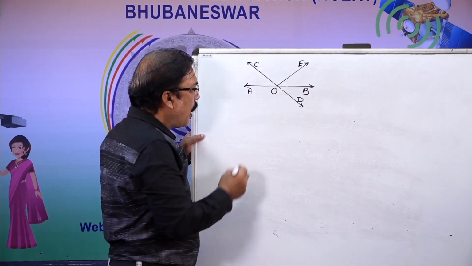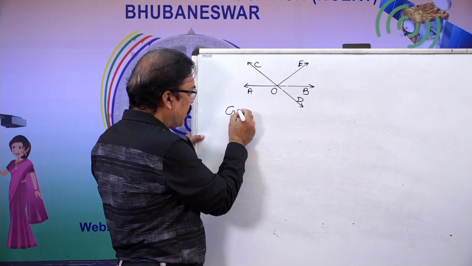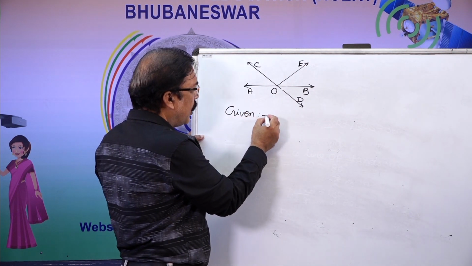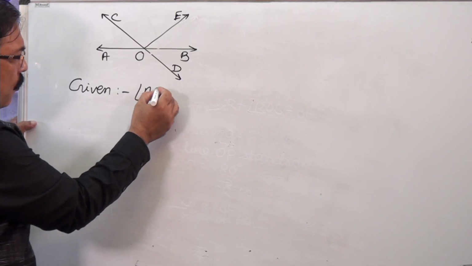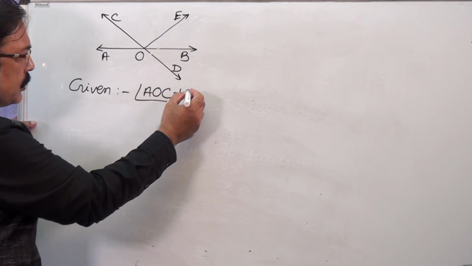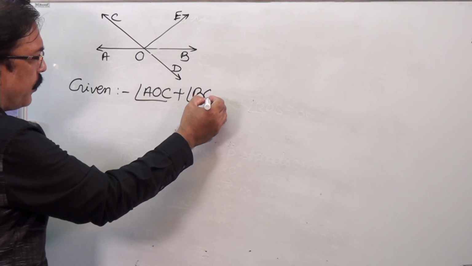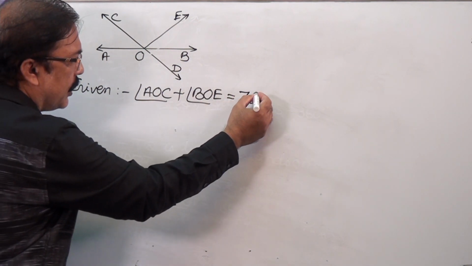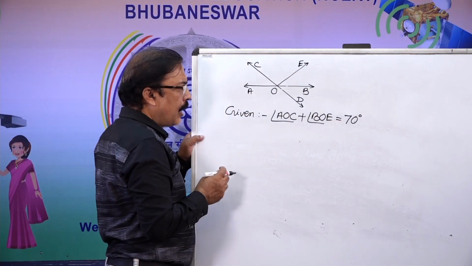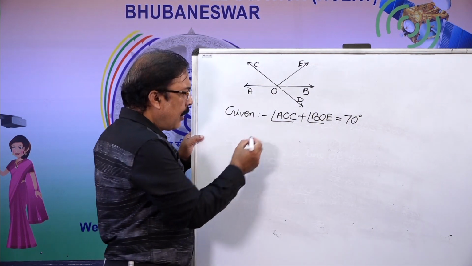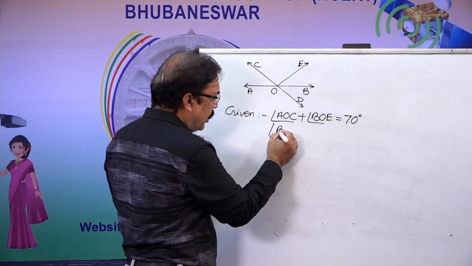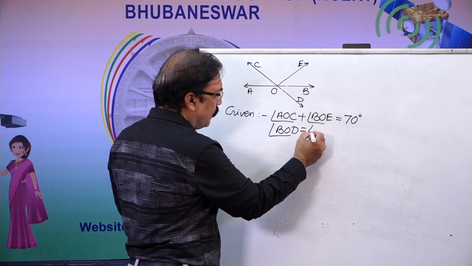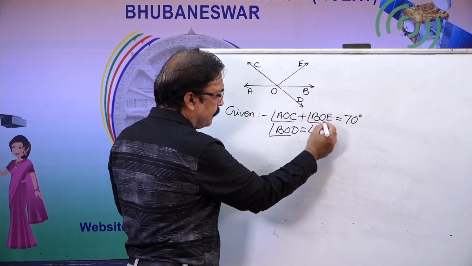Then, what is given? Given angle AOC plus angle BOE is equal to 70 degree, and angle BOD is equal to 40 degree.